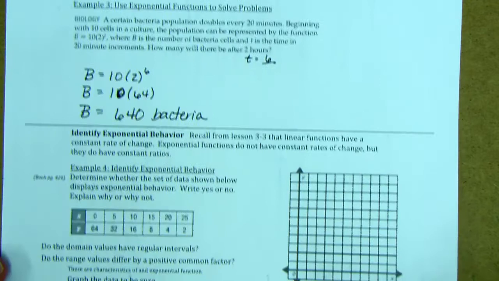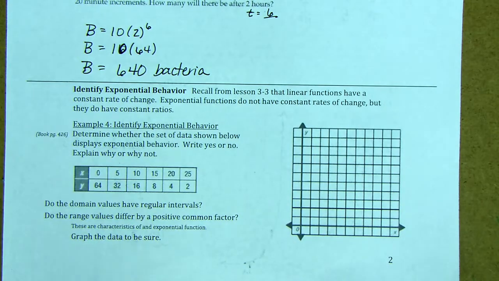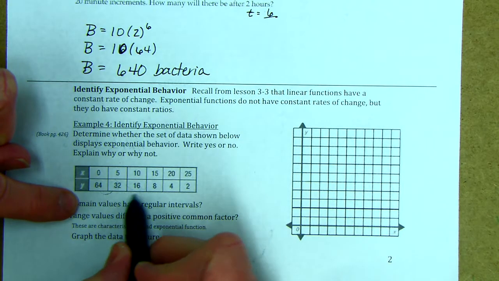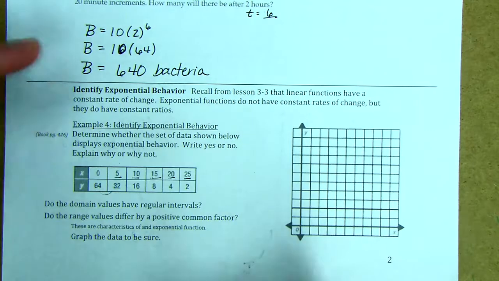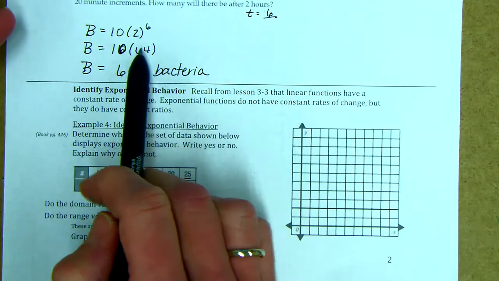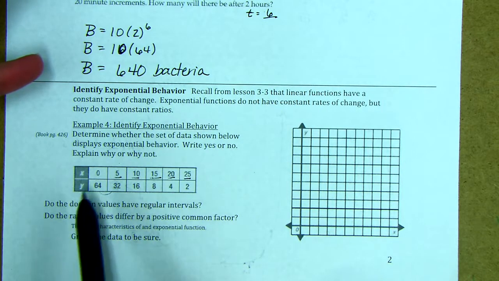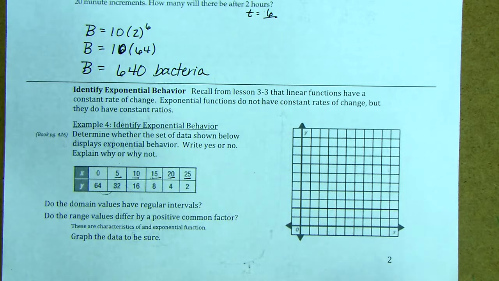Okay, let's do another word problem. Recall that from linear functions, they have a constant rate of change. Exponential functions don't have constant rates of change, but they're going to have a constant ratio, meaning between each value, as long as x goes up by equal increments, it has to be equal. Like our example here was every 20 minutes. So this one, x is every 5, and then it has to be a constant ratio, meaning you're being multiplied by the same amount.